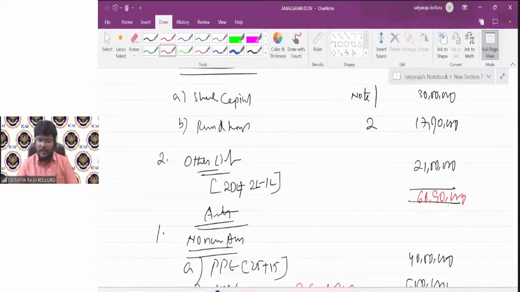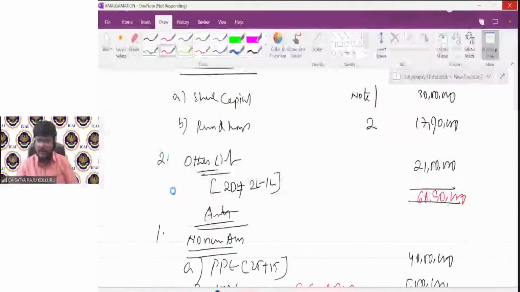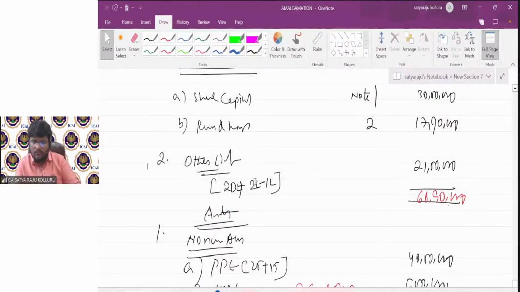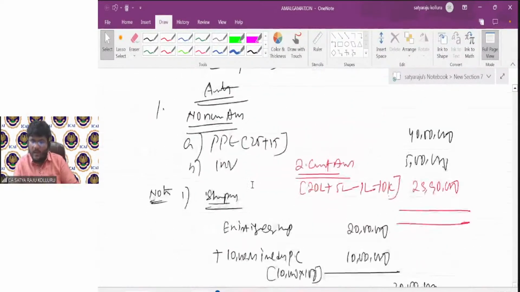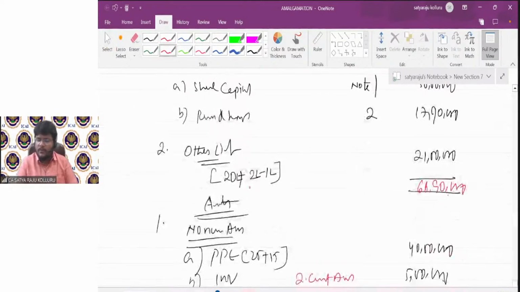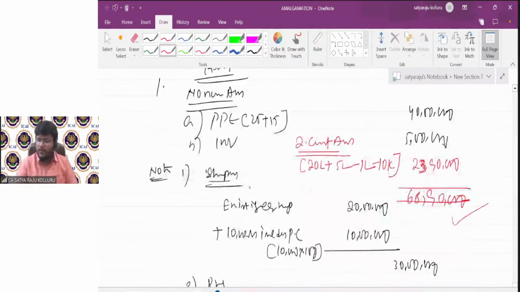Here also you can check, asset side quickly, guys. 40 lakhs plus 5, 45. 45 plus 23, 68. 68 lakh 90,000. So if you check, total of the liabilities is equal to total of the assets, guys. So with this, we successfully completed total 5 problems.